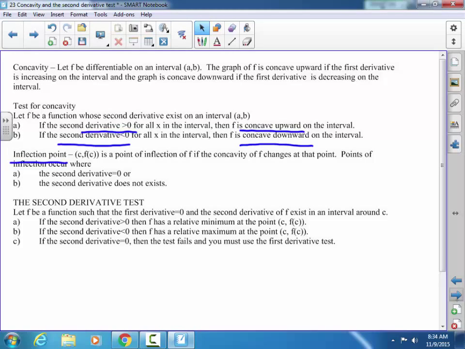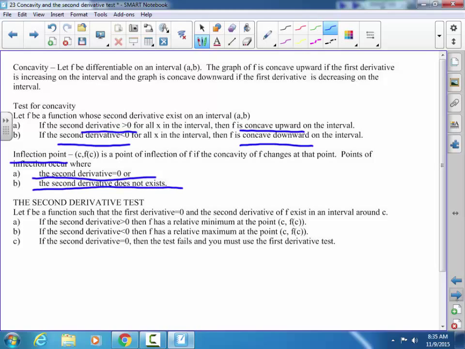What has to be true for it to be an inflection point? Second derivative is 0, so it's not the first derivative, it's the second derivative. Second derivative doesn't exist, but there's one other crucial thing for inflection points. The concavity has to change.